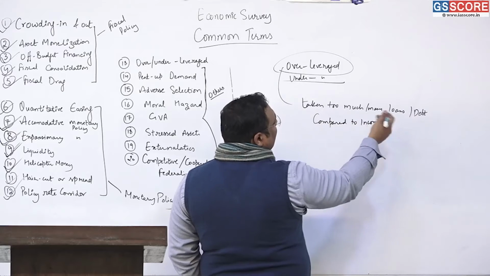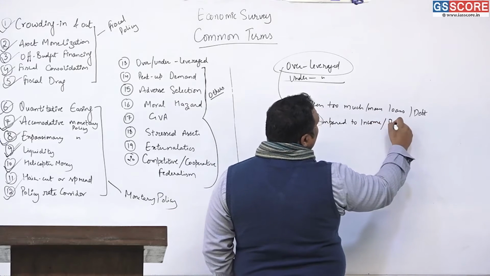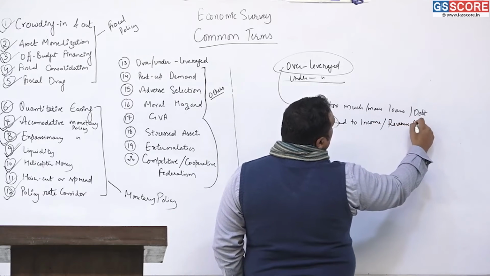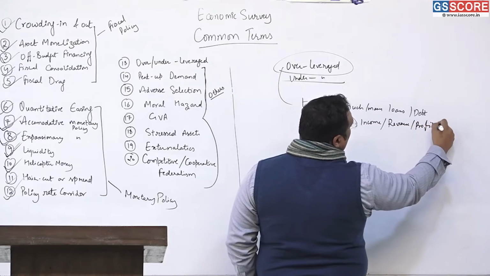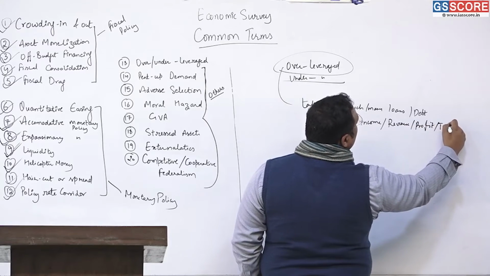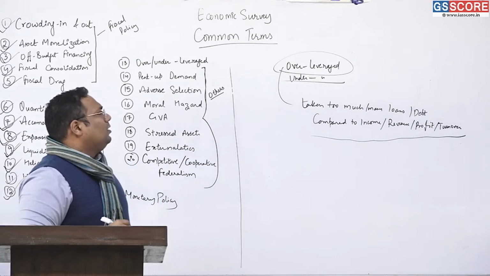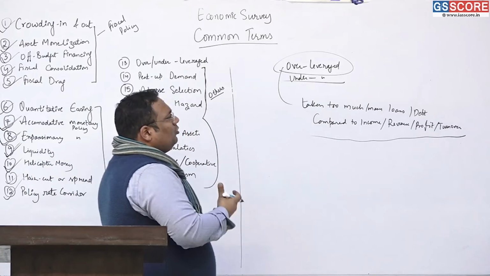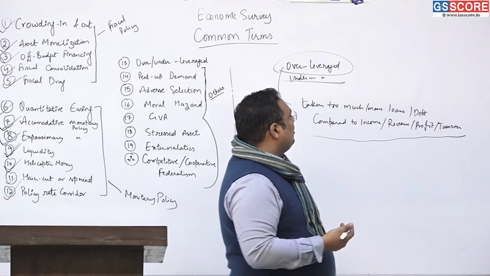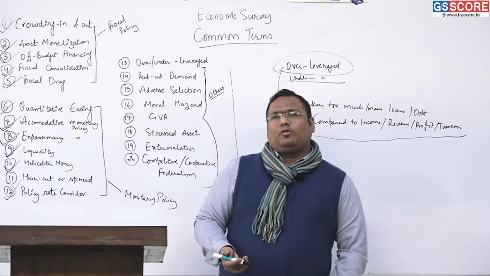If it is an individual, then it is income. If it is a company, it is revenue, profit, turnover. There are various parameters by which we measure. When your loans are high compared to your income, revenue, profit or turnover.